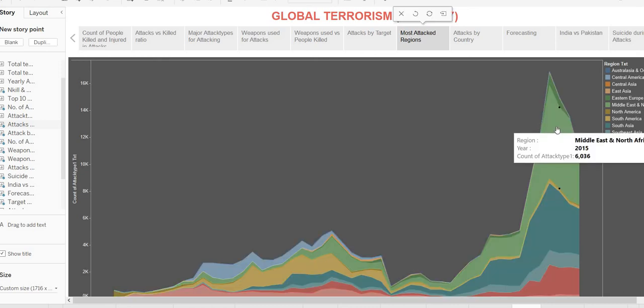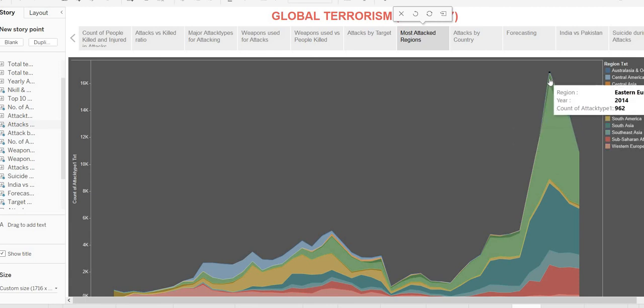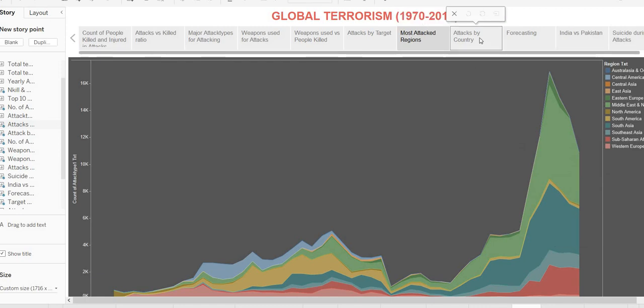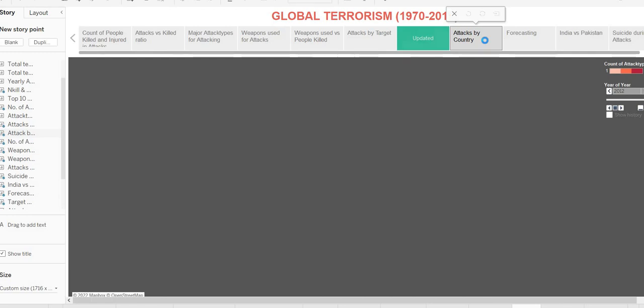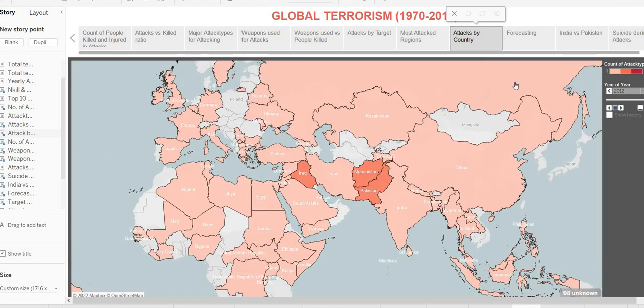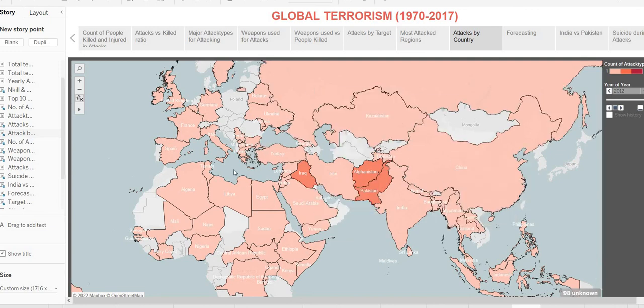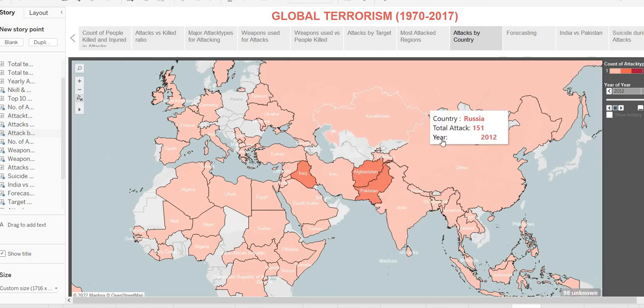These green ones are the most attacked regions, that is the Middle East and North Africa, and then Eastern Europe and South Asia. These are the global maps of terror attacks across all countries, in which Iraq and Afghanistan have the most terror attacks.